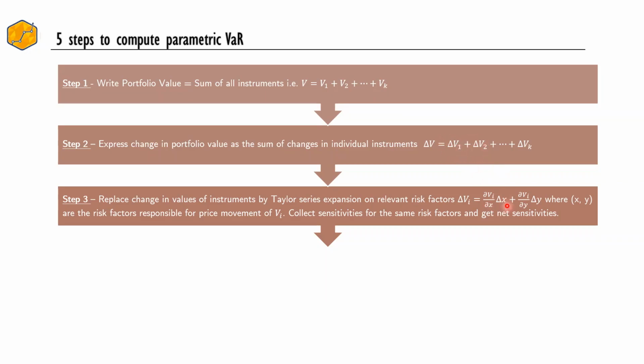If another instrument also has the same X as risk factor, it has a sensitivity to delta multiplied by delta X. This also will have some other sensitivity multiplied by delta X. If you take delta X common, you'll get the sum of the sensitivities, called net sensitivities. It's quite natural. You don't have to remember because once you expand everything, automatically the sensitivities will get added if you take delta X common. The entire net sensitivity of the portfolio with respect to X automatically comes naturally from this expression.